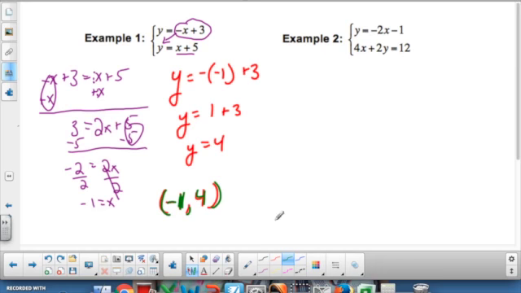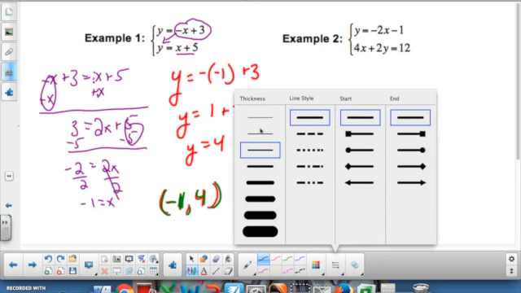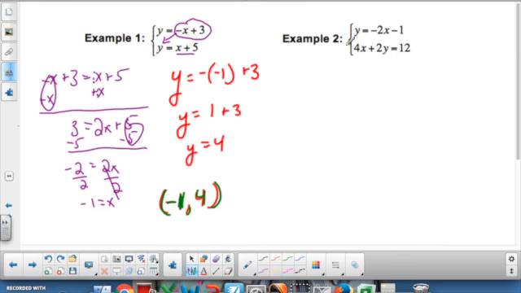All right, let's go look at another example that might not be quite so simple. So this time, again, I have a y that's already isolated. I know that y equals negative 2x minus 1. This time it's not quite as simple as just plugging it straight in, but I can still substitute in place of this y right here.